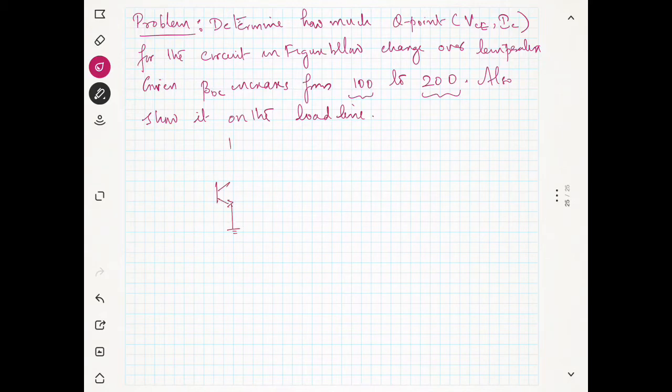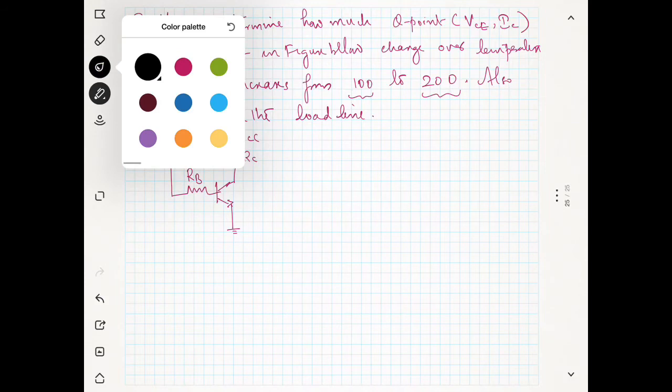You have the circuit: VCC, this is RC, and you have something known as RB. It is taken from VCC. Now we have the equation for IC.